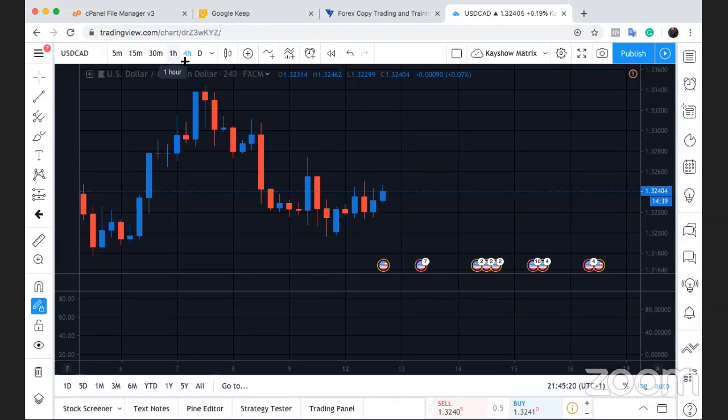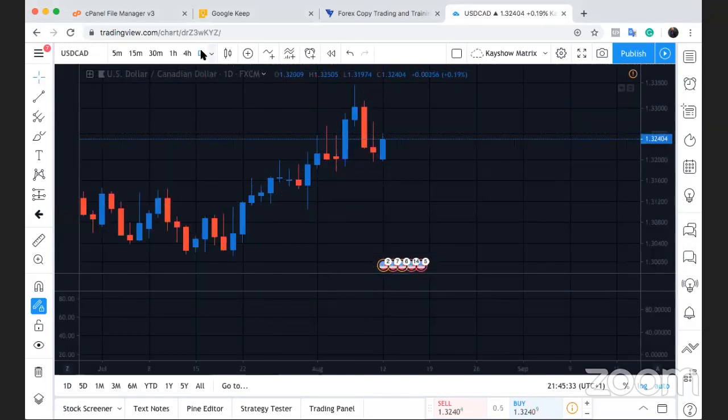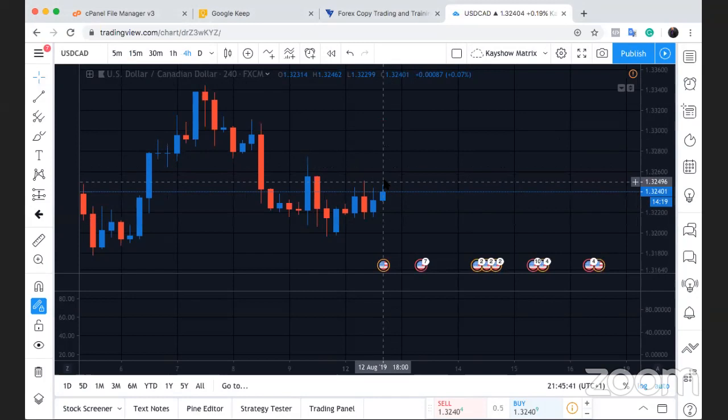Before I go to 1 hour, let me also explain something. Remember in our daily candle, we have a blue candle forming. I've changed it back today. So in this one day, if I go to 4 hours and divide 24 by 4, that's 6.